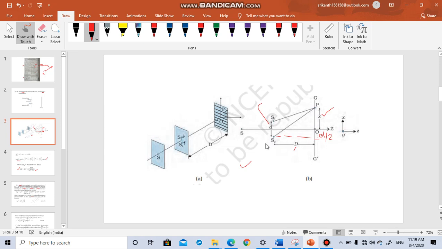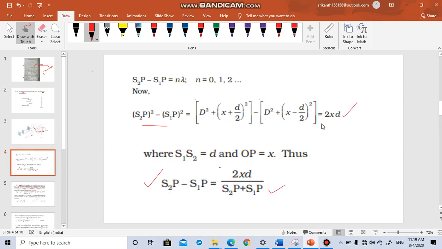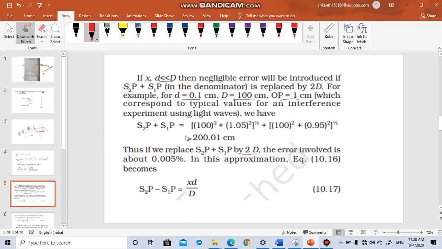S2P is the hypotenuse, so you have to take the square root. So this is the expression. And similarly you can find out S1P also. It will be root over D square plus (x minus d by 2) whole square, because we are taking here S2P and S1P.